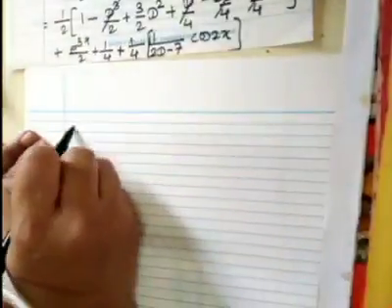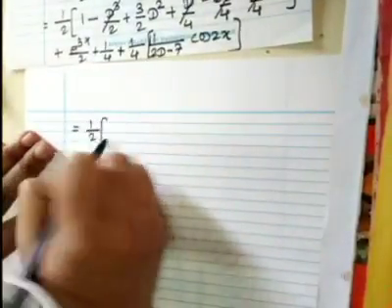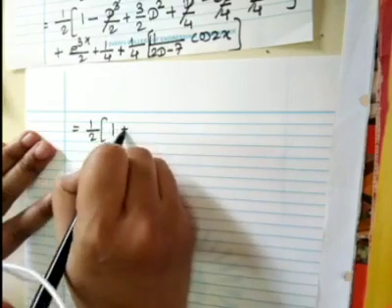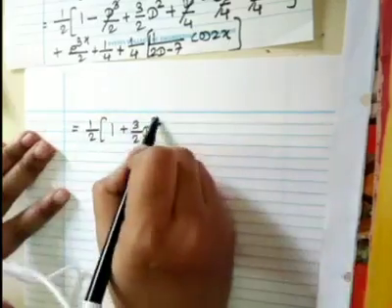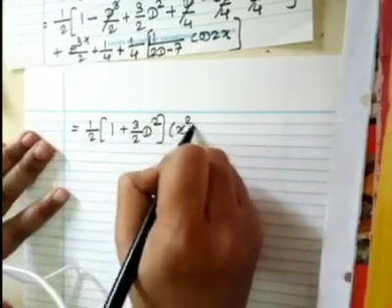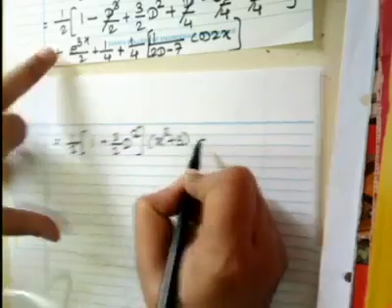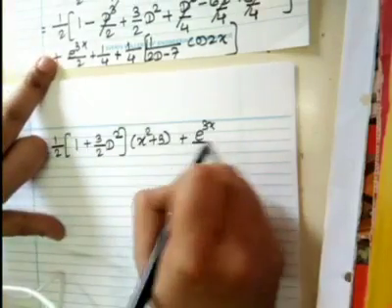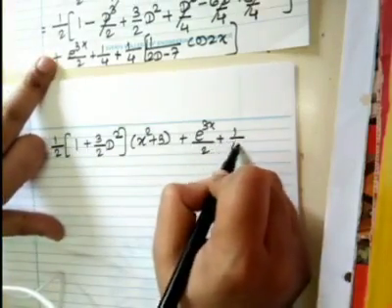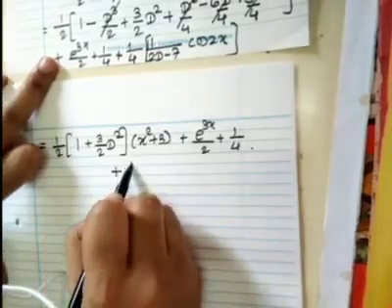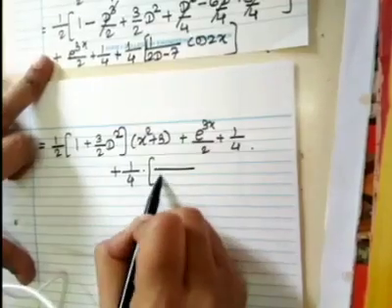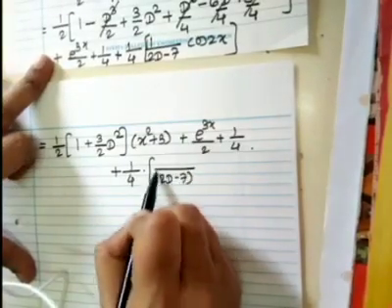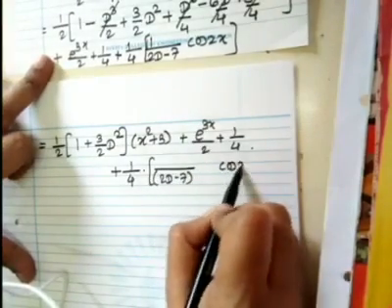So the terms only will be there are 1 by 2, 1, plus 3 by 2 D square, and all other cancelled, into x square plus 3, plus this is as it is, e raised to 3x by 2 plus 1 by 4 plus 1 by 4 into 2D minus 7 into cos 2x. What to do?